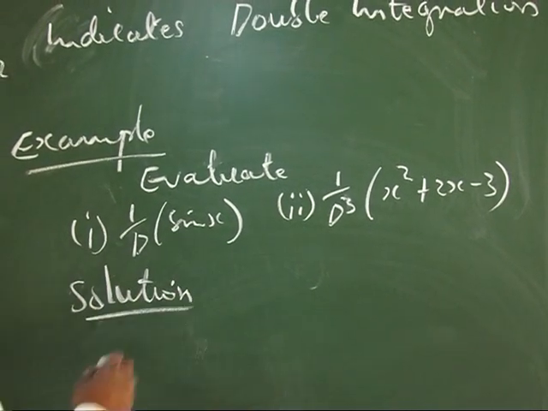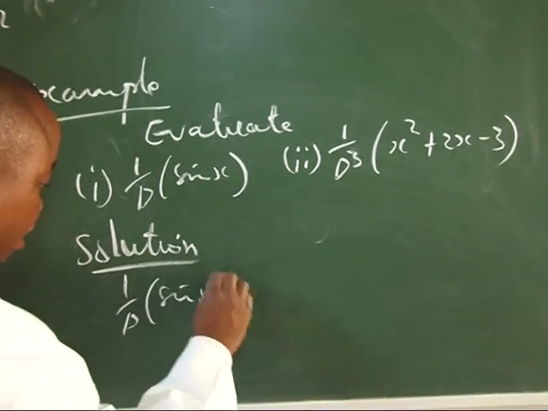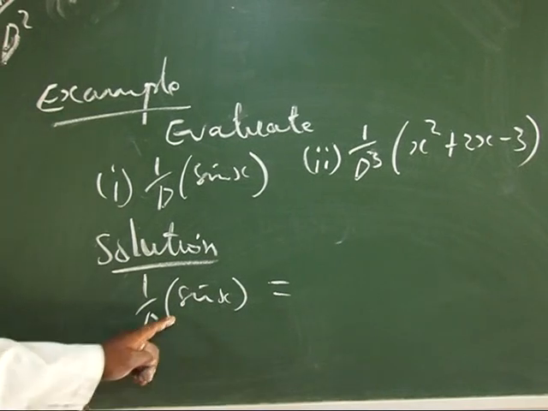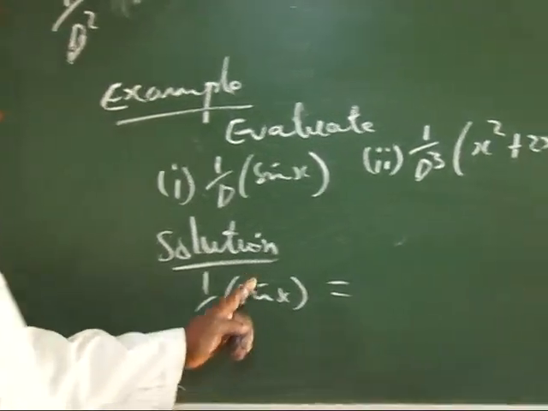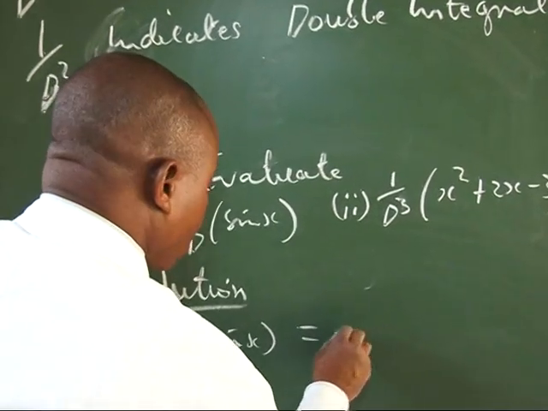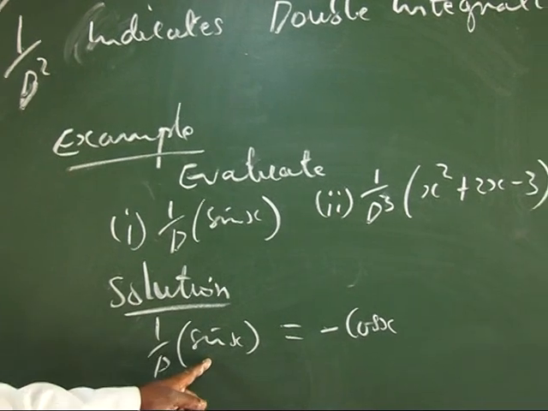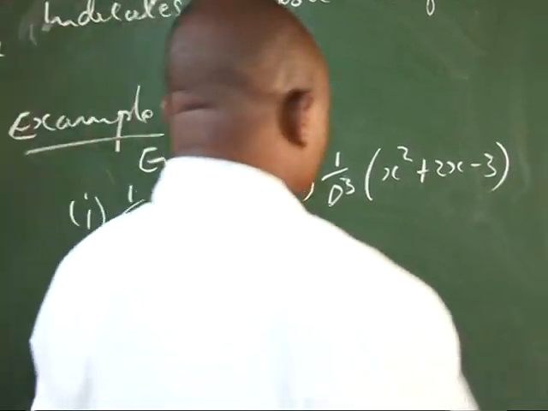The solution: 1 over D of sine x. You see, that means integration of sine x, and that will give you minus cos x. Of course, if we integrate sine x, you have minus cos x.